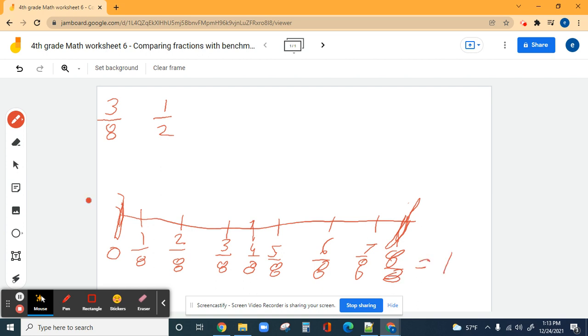Sometimes, if somebody says 9 by 9, it's still equal to 1. 10 by 10 equals 1. But 8 by 7 is not equal to 1.